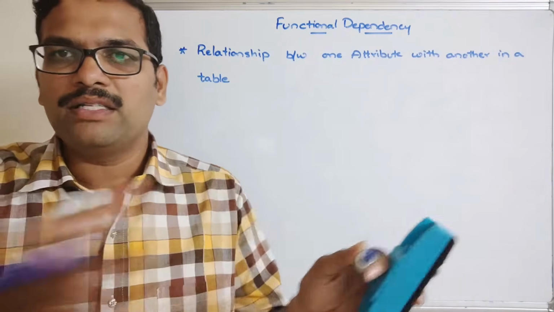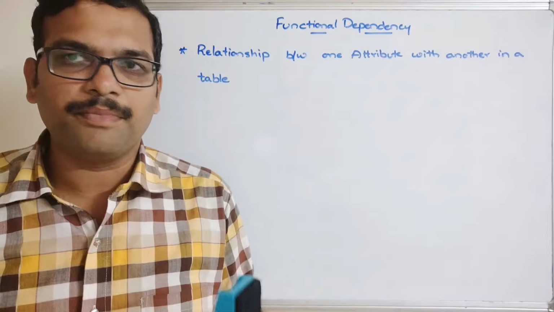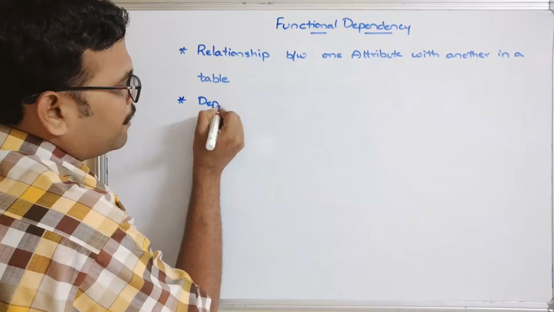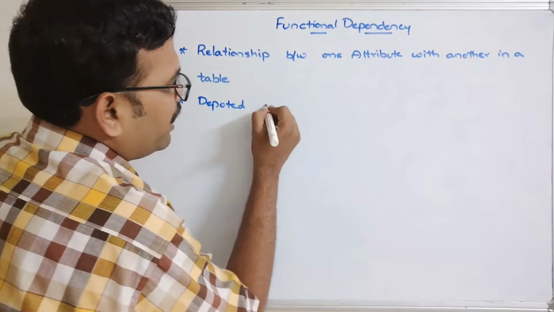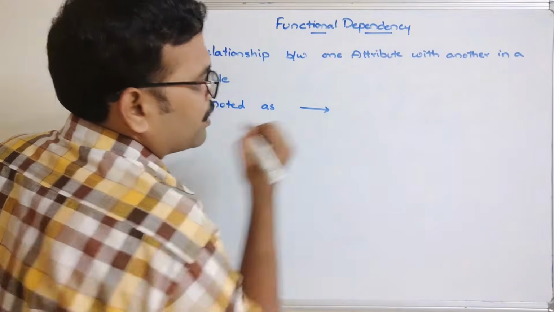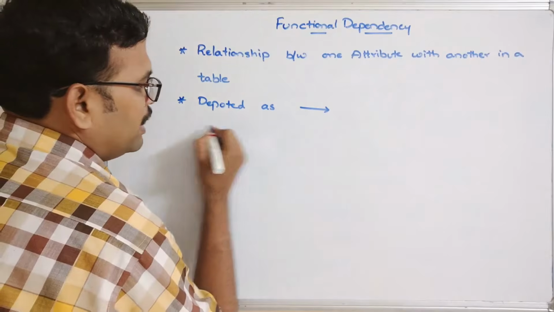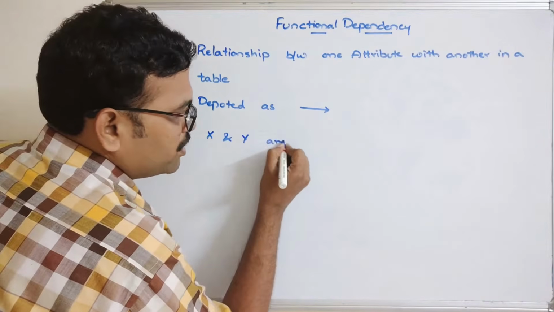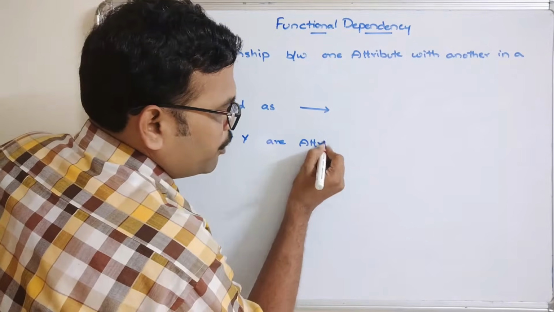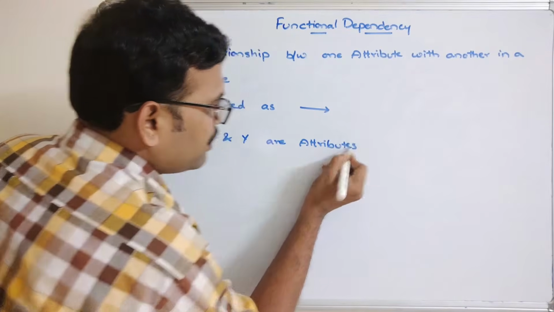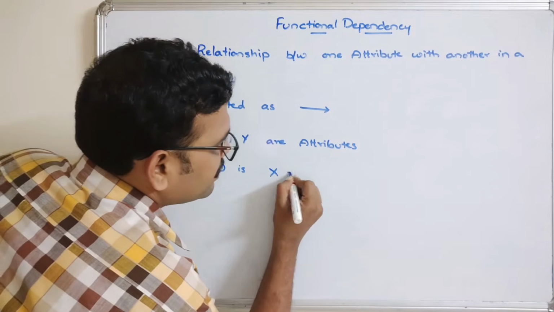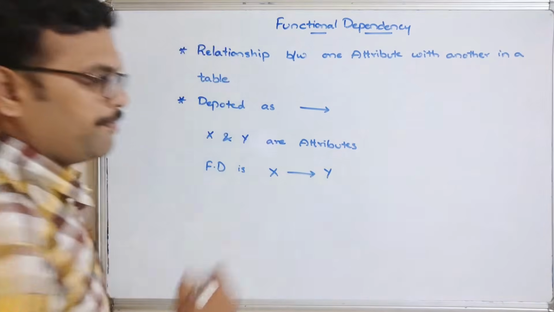We know that a table consists of different attributes, and the relationship is usually denoted as an arrow mark. So if x and y are the attributes, then the functional dependency is x tends to y.